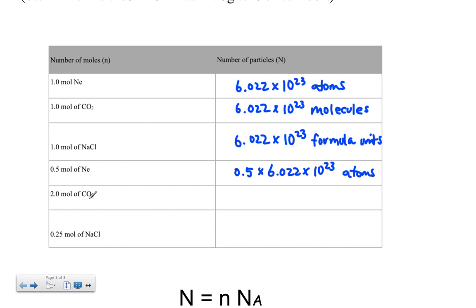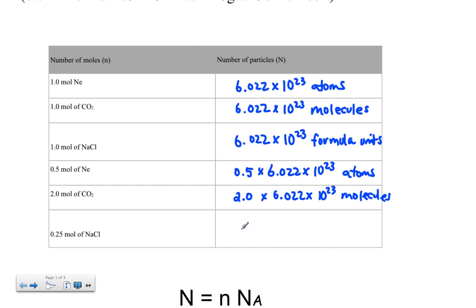At the same time, if I have 2 moles of CO2, that means that I have 2 times Avogadro's number of molecules. So to find out that quantity, if I want the exact value, I'm going to multiply 2 by Avogadro's number. And because it's CO2, a molecular compound, it's molecules.